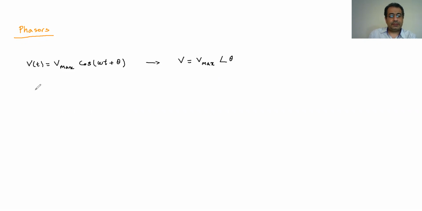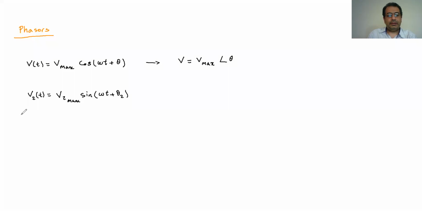Similarly, if we have it as a sine, for example, assume I have V2 of t is going to be V2 max sine omega t plus theta 2.